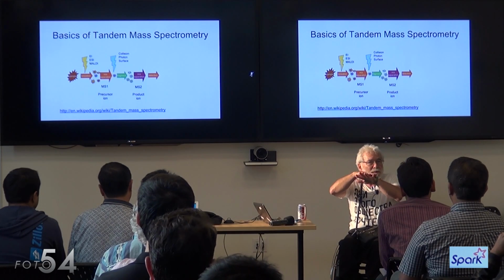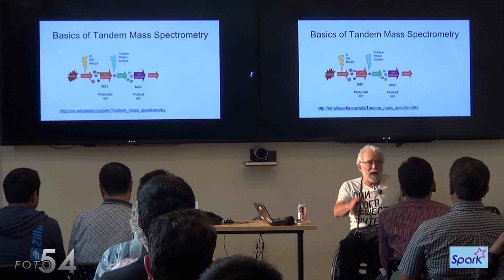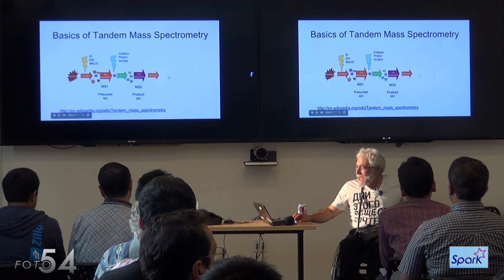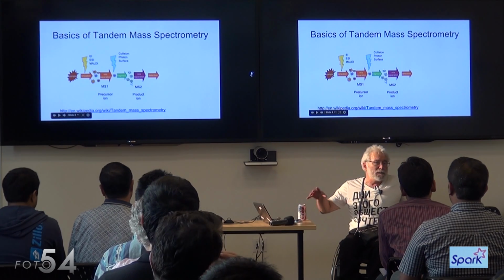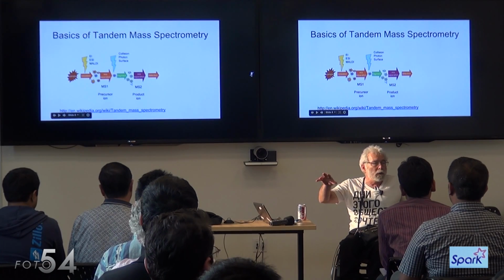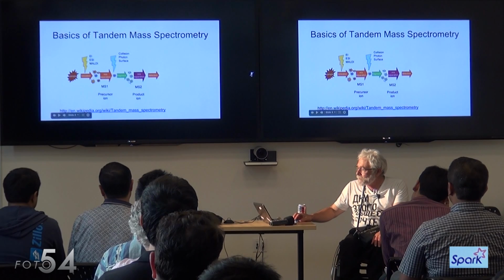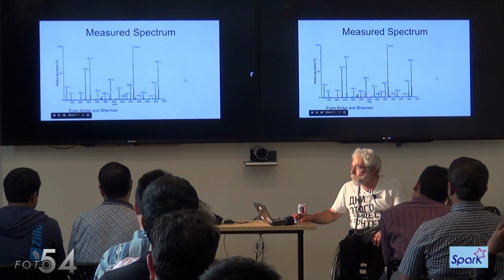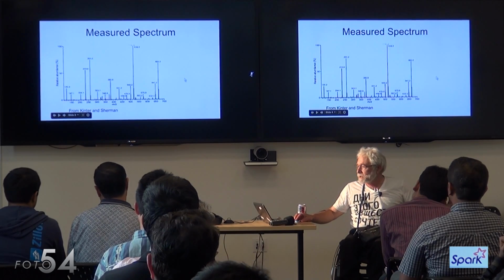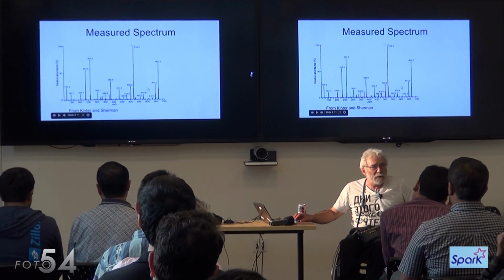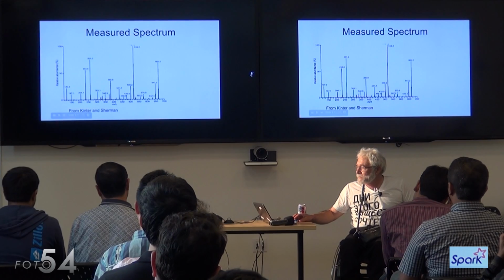So you've got a sequence of peptides and you break up the bonds into a series of fragments. And then the next stage measures the mass to charge ratio of all of these fragments, and it gives you a spectrum, which would look something like this. So we have a series of peaks representing the fragments that we see in the mass spectrometer.